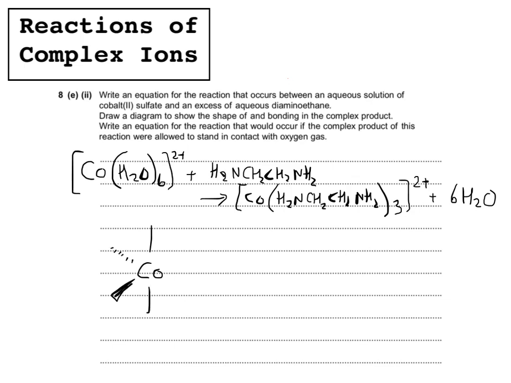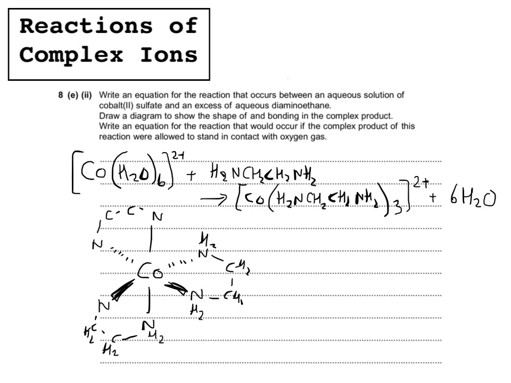Now when you're drawing these, make sure you draw the bonds first, then draw the ends, which are forming the dative bonds, and then connect up pairs of ends with your carbons, and then add the hydrogens, so NH2, CH2, CH2. Like so, and that has a 2+ charge.